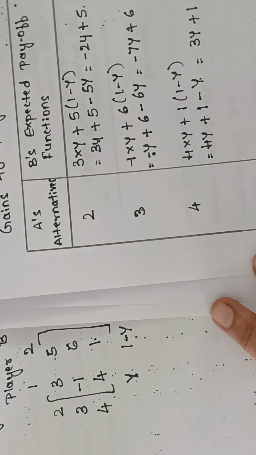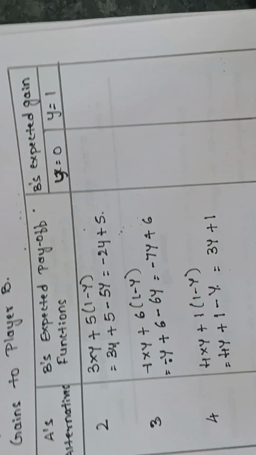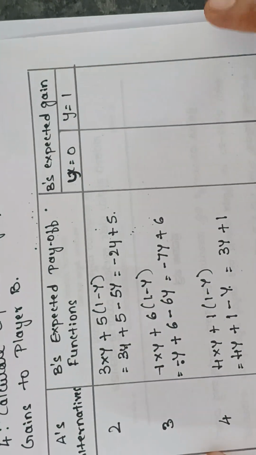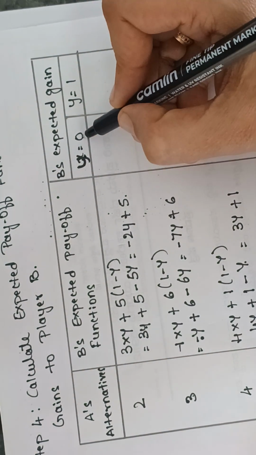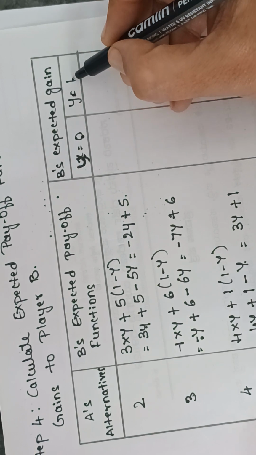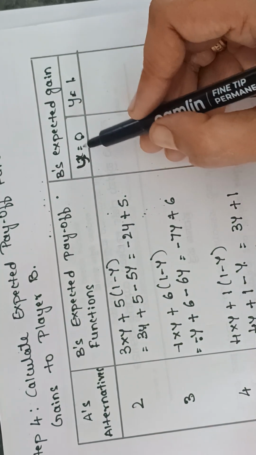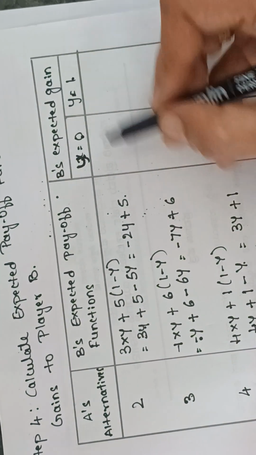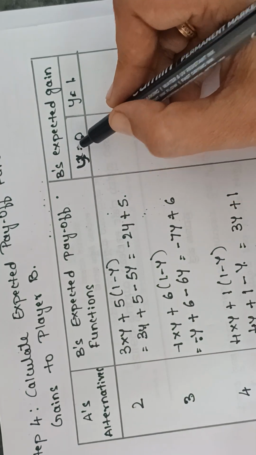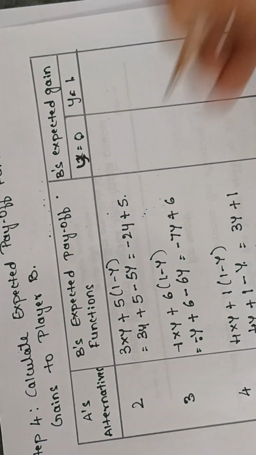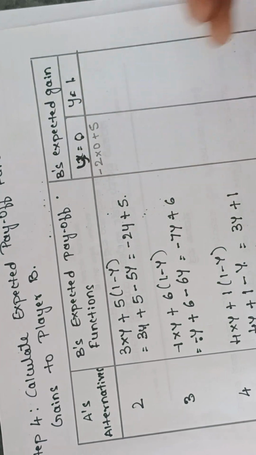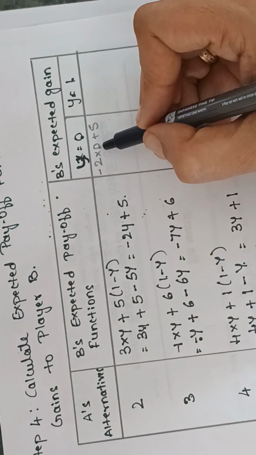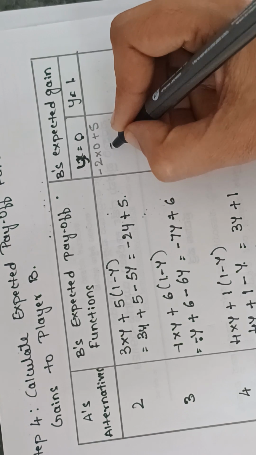Now let us find out the expected gain for B or loss for B. Okay. So when y is equal to 0 and when y is equal to 1, let us substitute the values of y as 0 and 1. So first, minus 2 into 0 will be 0 plus 5, so 5.